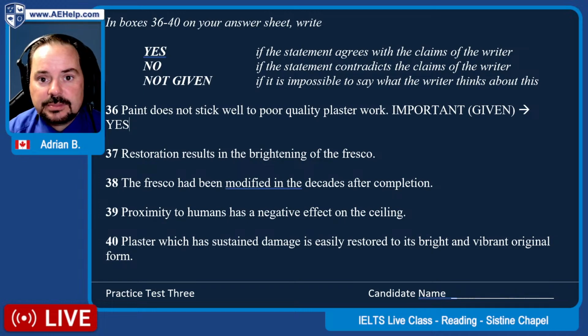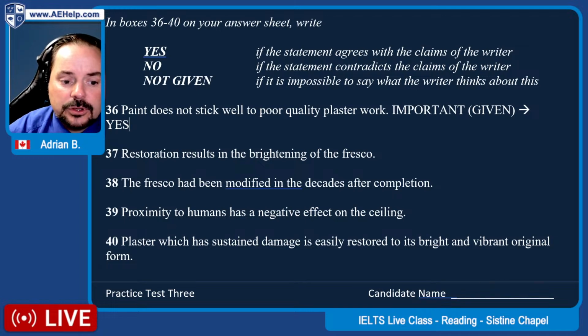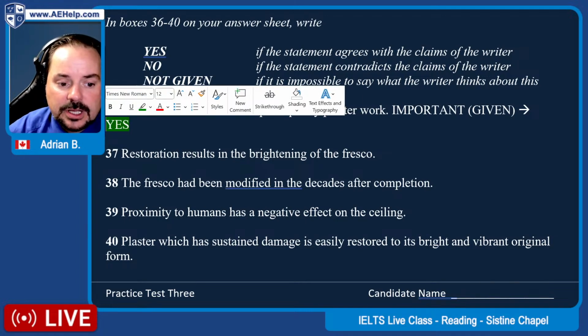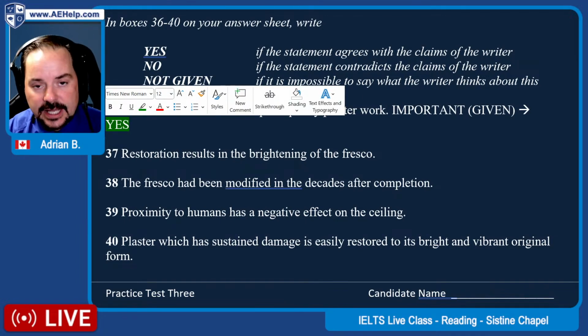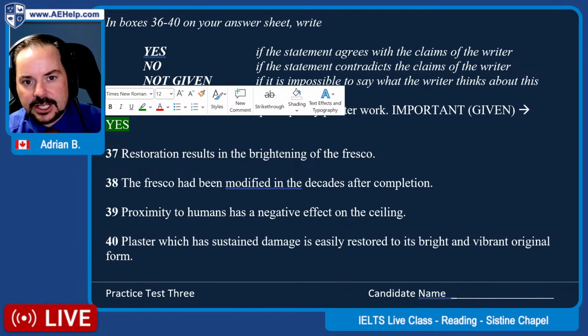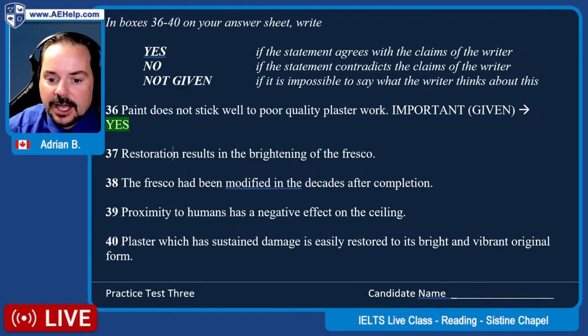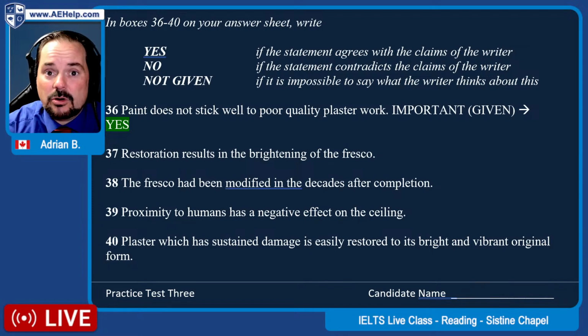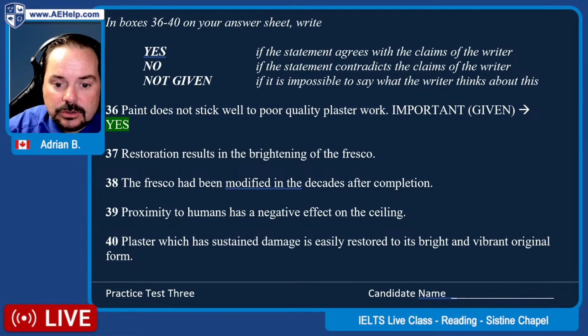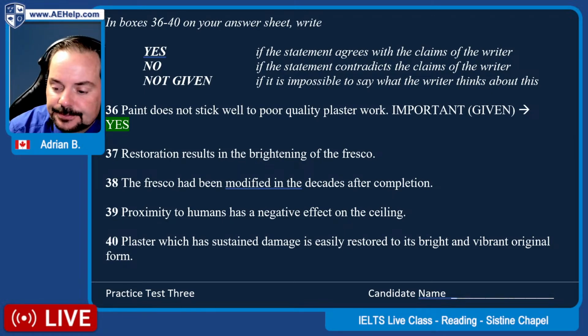The passage says when the plaster is poor quality, it doesn't last very long. It just gets destroyed very quickly. There are quite a few parts where it emphasizes that it's important to have good quality. Remember it said Michelangelo, if he didn't like the plaster, he would just redo it? If you remember that, then this should be, oh, okay, it's absolutely a fact according to this passage.